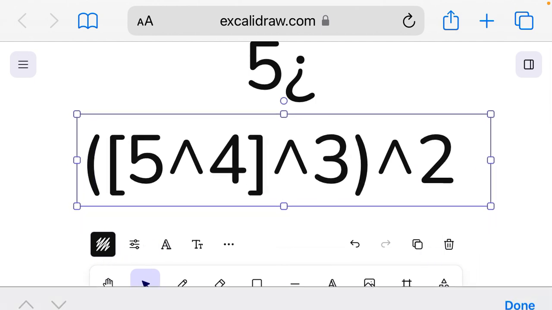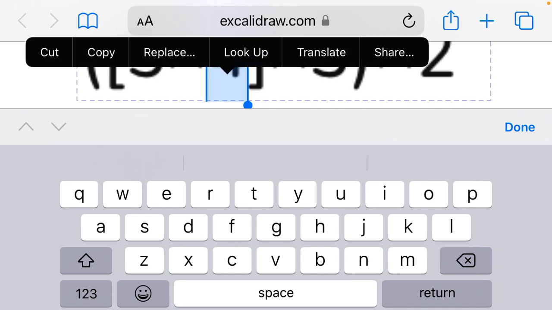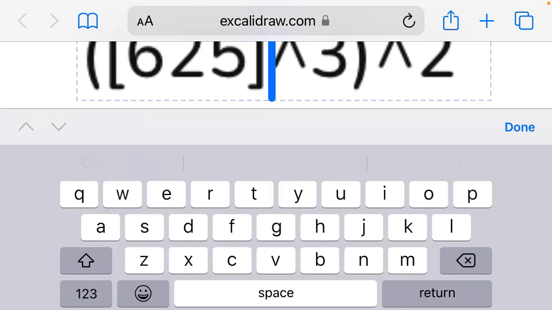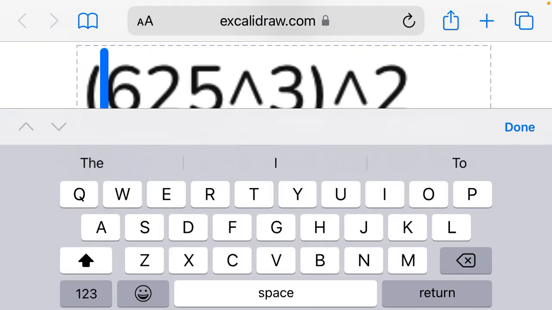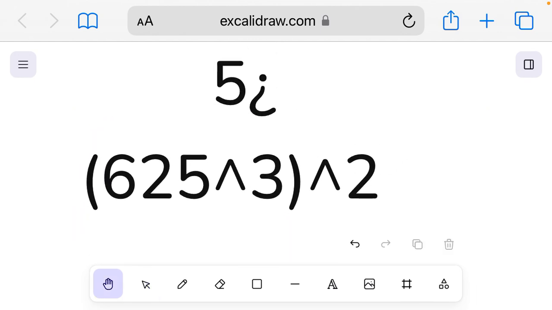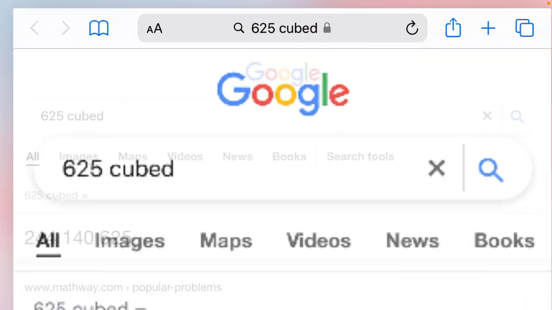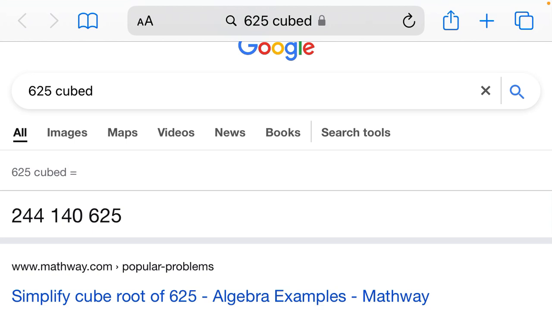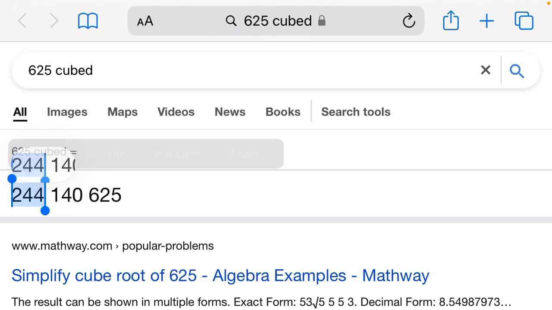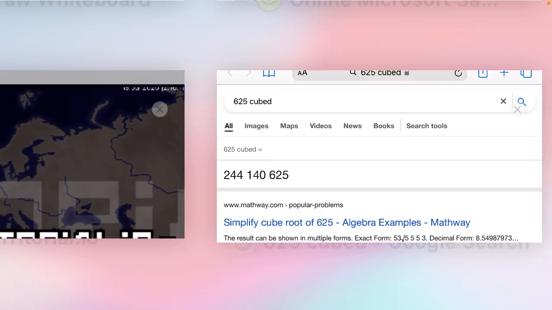So 5 to the power of 4 is 625. And then 625 cubed, let me calculate for a sec. It's this number right here, 244,140,625. Let me copy this.